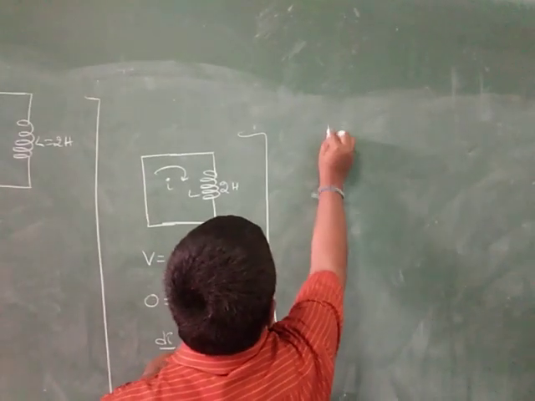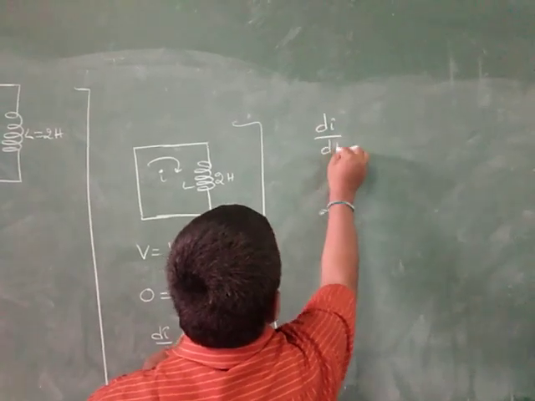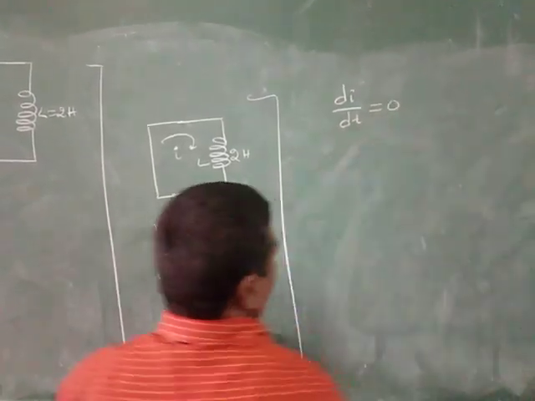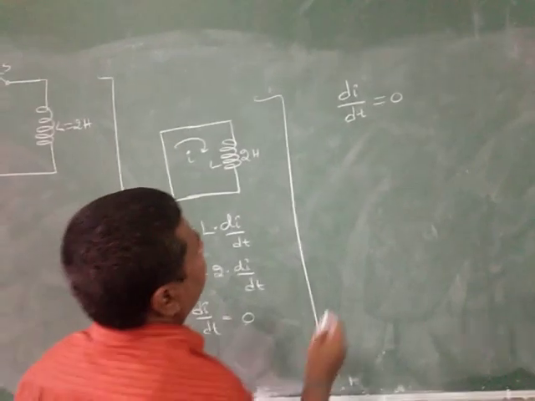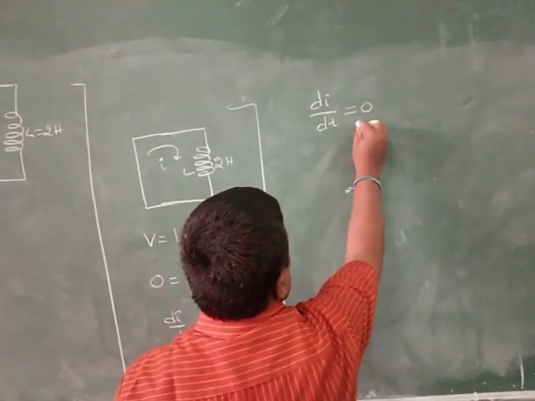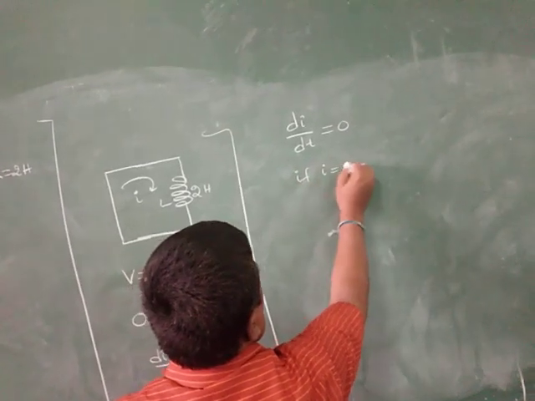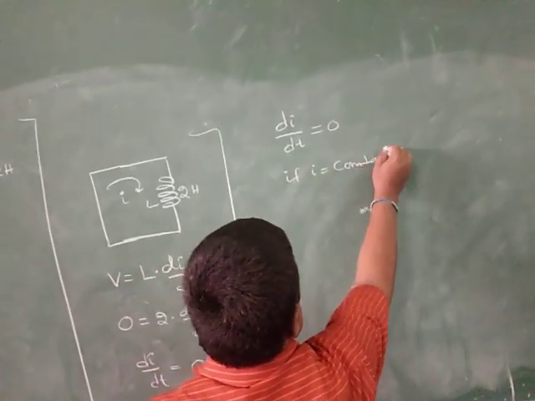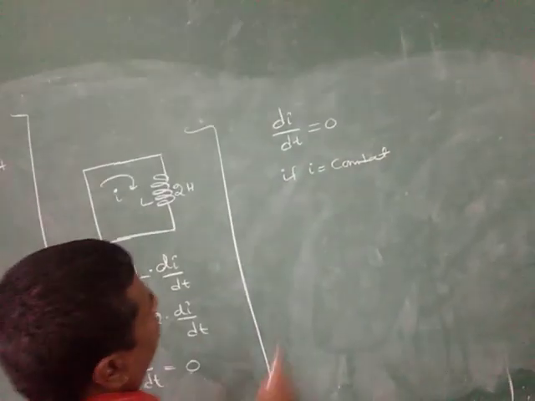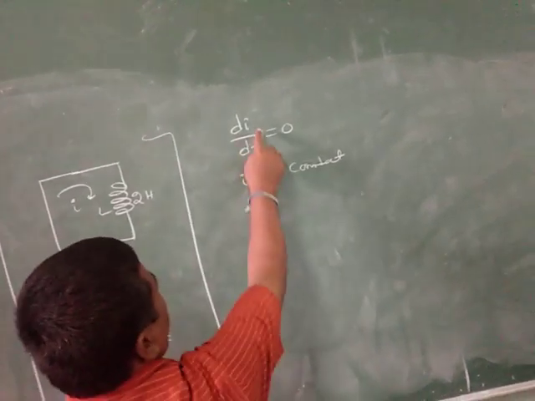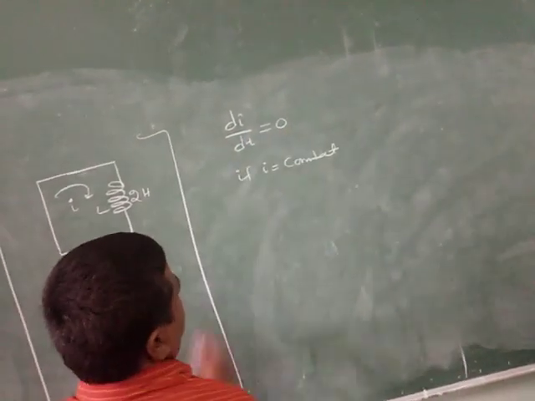di by dt is equal to 0. That means the above expression is true if I is constant. If I is equal to a constant, then the derivative is 0.